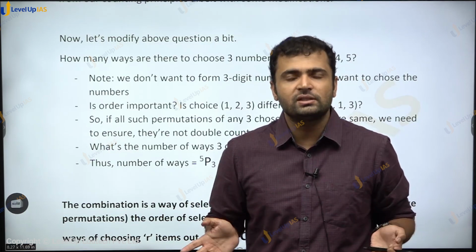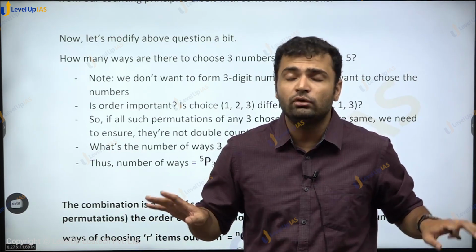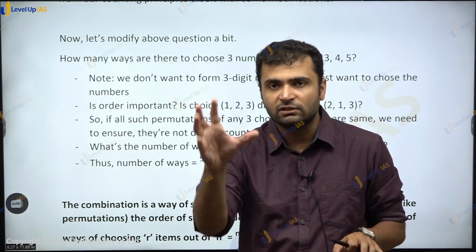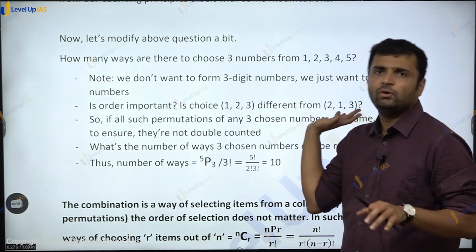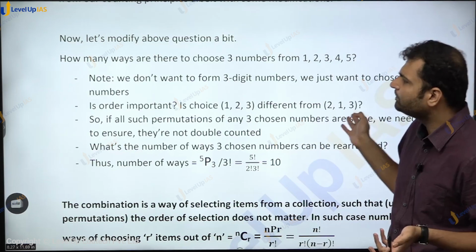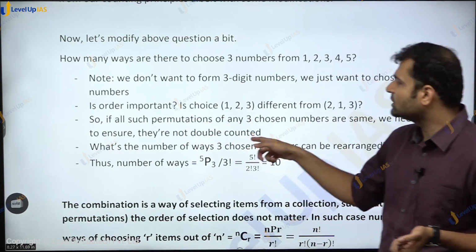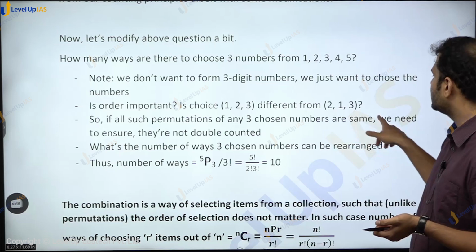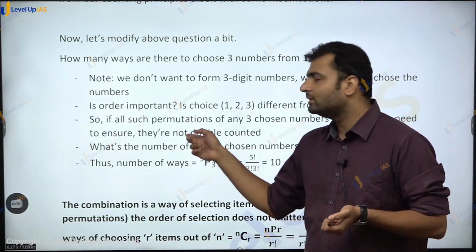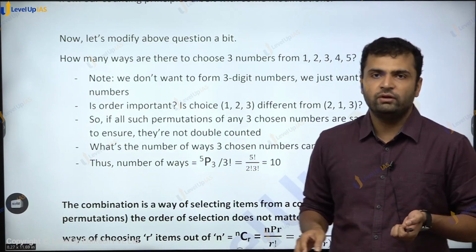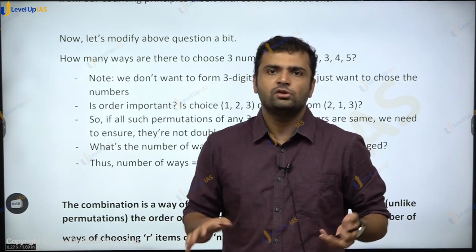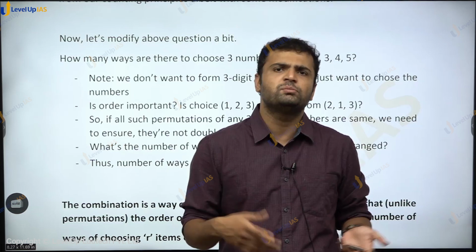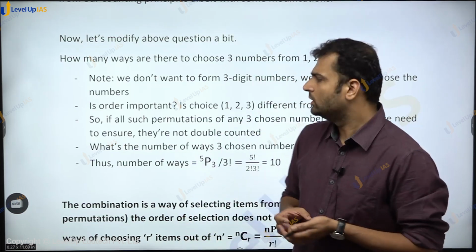I'm not at all concerned about the order. I don't want to form 3 digit numbers. I just want to take these digits and put them in my pocket. So the same digits, whether 1 2 3 or 2 1 3, are the same. If all such permutations of any 3 chosen numbers are the same, we need to ensure that there is no double counting. When we permute, order is important, but in choice, order is not important. Choice is just choice.